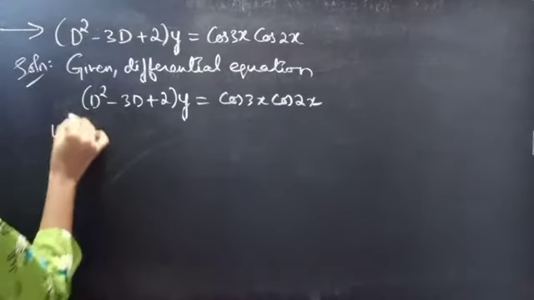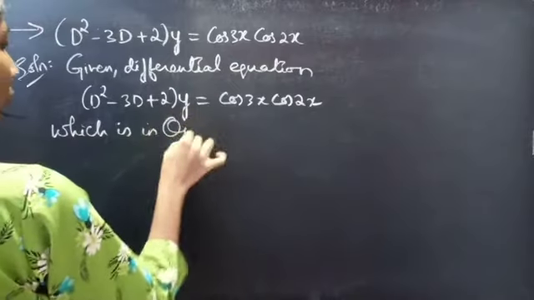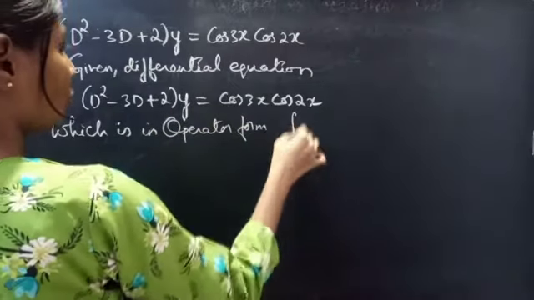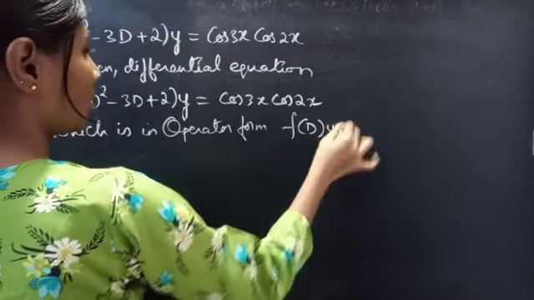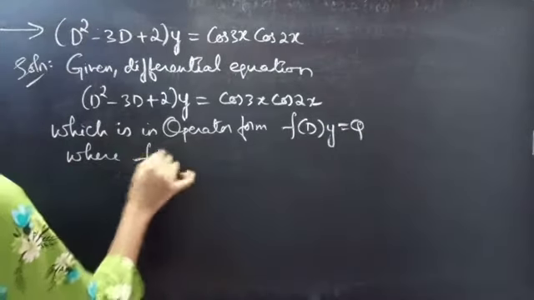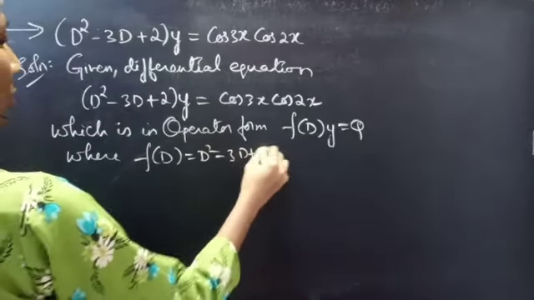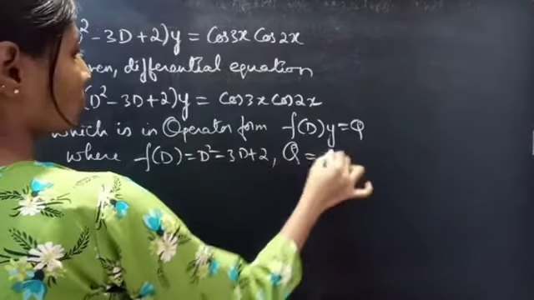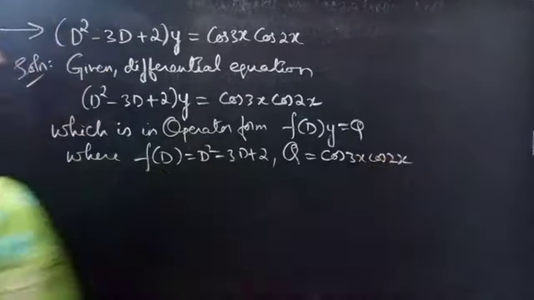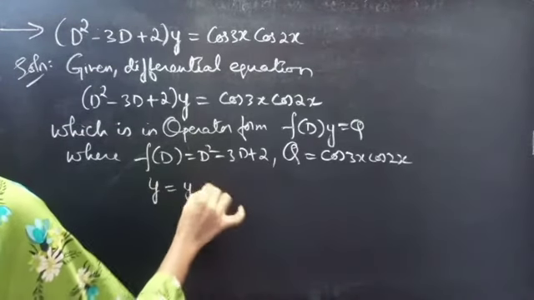This is of the form f(D)y = Q, where f(D) = D² - 3D + 2 and Q = cos 3x cos 2x. Now we need to find the general solution to the given equation using y = yc + yp.